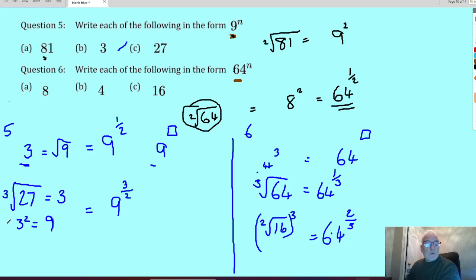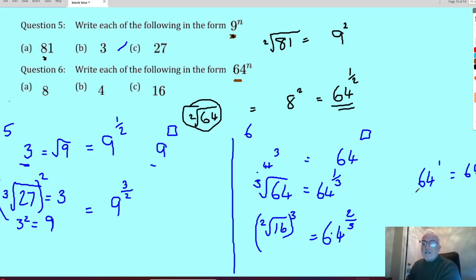Okay, so think what we did on this one here. We had the 3 and then we squared it. So hence the 3 was on the numerator and the 2 was on the denominator. In this case, my 2 is on the numerator and my 3 is on the denominator. A good way to think about it is if I've got 64 and I raise it to the power of 1, it's going to be 64.